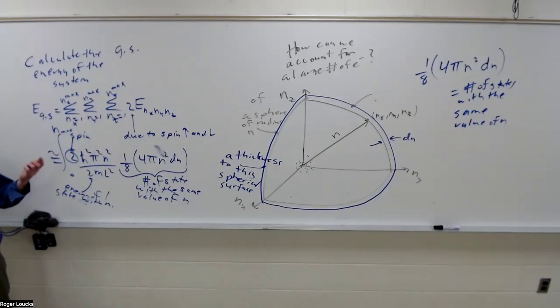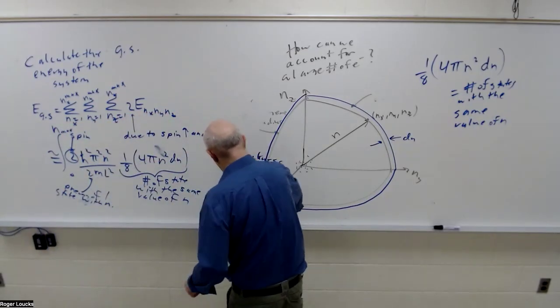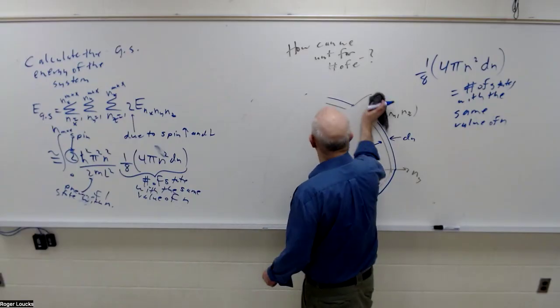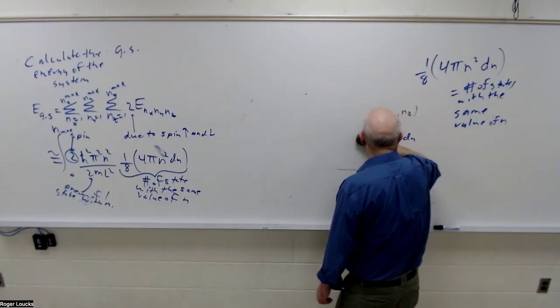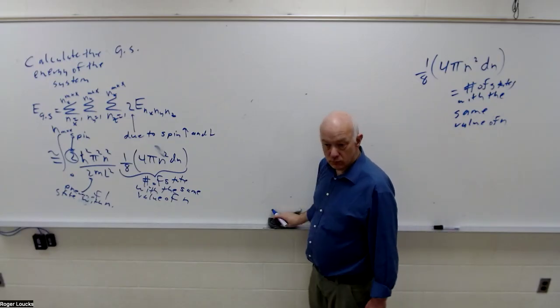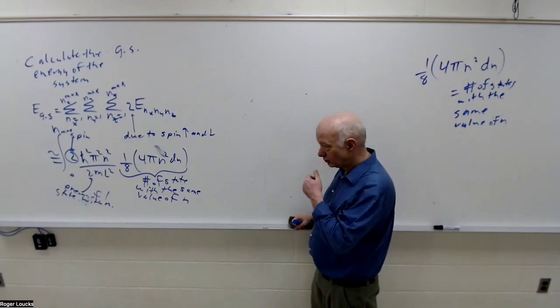I don't know what that n max value is yet. That's going to get a new name in a little while. Okay, so let's crank that out and see what we get. There's no point in using 3 instead of 0 because it's going to be the same.